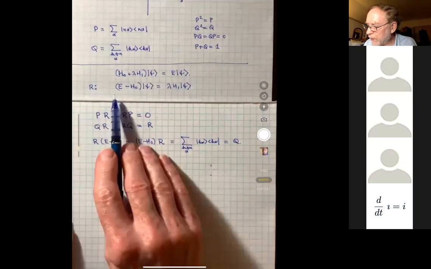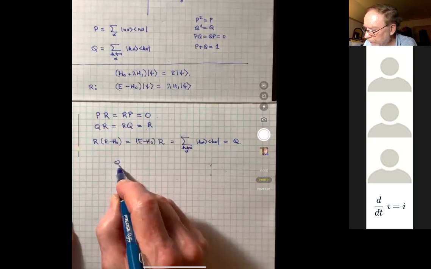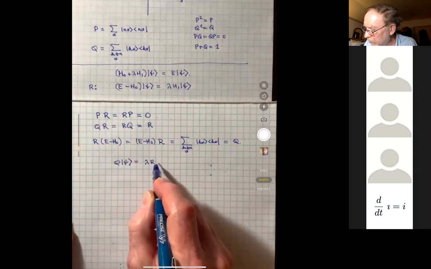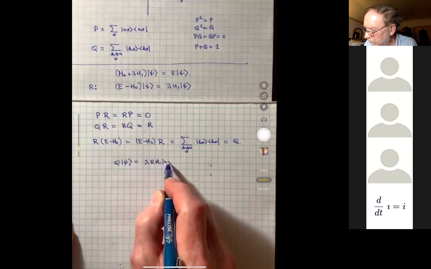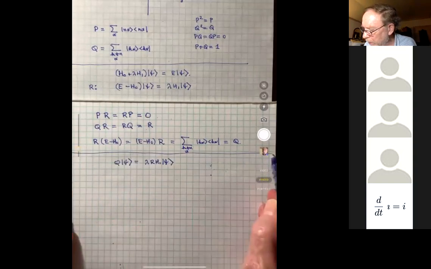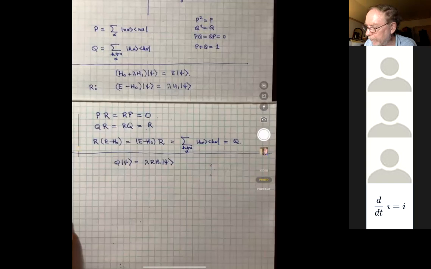On the left-hand side, it's going to give me Q. And so what I get is Q psi is equal to lambda times R H1 psi, which is an interesting result because Q psi, remember, is the hard part, the small hard part. If we could find that, we'd have a long way towards solving the whole problem.